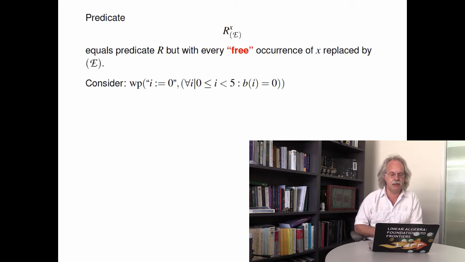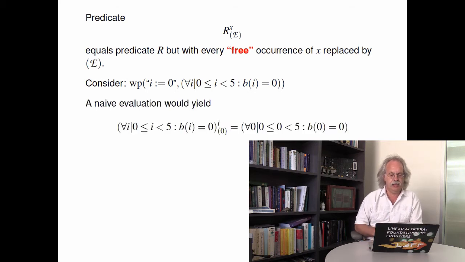We have the assignment of 0 to i, that's our command, and the postcondition is that for all i between 0 and 5 we want b of i to be 0. Now if we did this naively, you would replace every occurrence of i with 0, and you would end up with this nonsensical expression on the right. For all 0, 0 less than or equal to 0 less than 5, b of 0 is equal to 0.